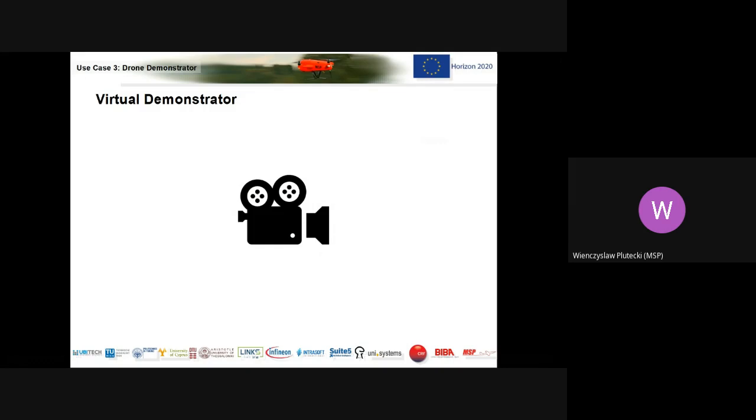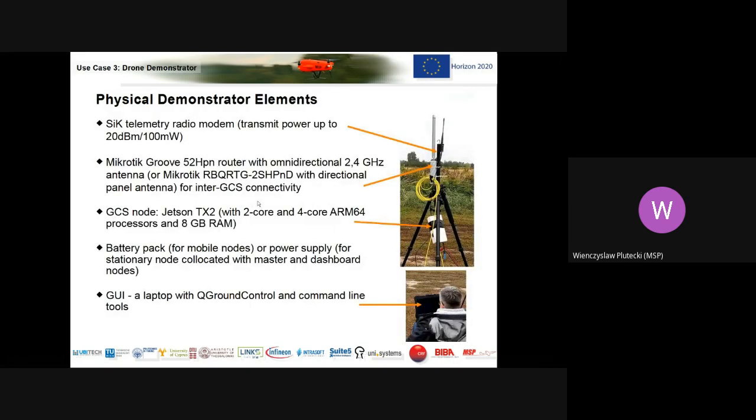So this was the example of the virtual demonstrator, and now this is the equipment which was used for the physical demonstrator. These demonstration flights were performed about 50 kilometers from Warsaw in an open field. Here you can see this box contains the ground control station computer based on Jetson.